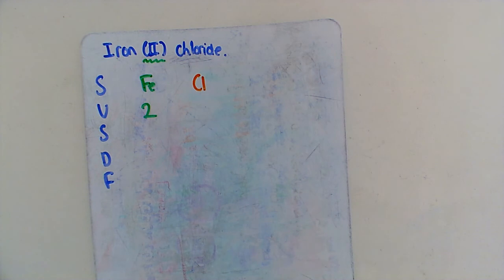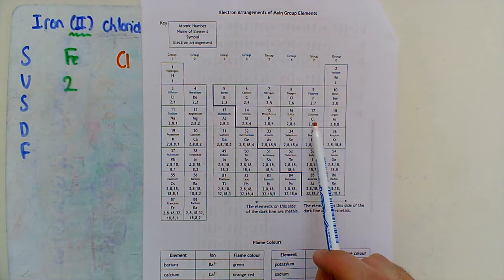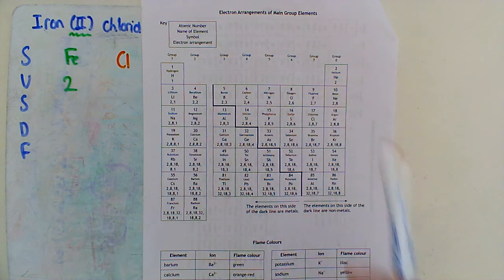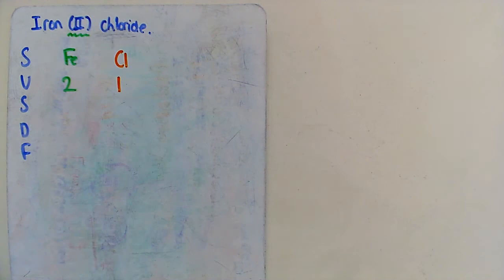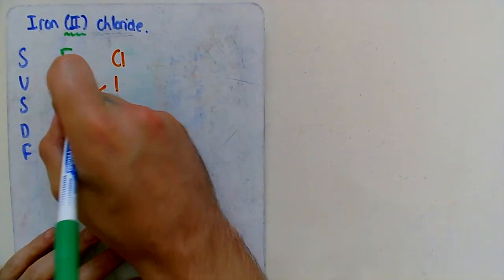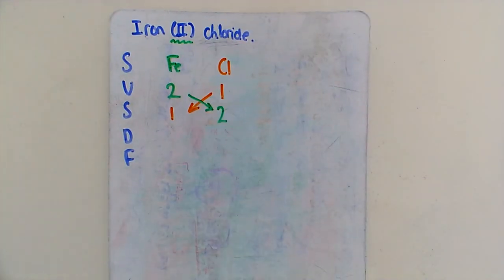Now chlorine, we need to use this. Chlorine is in group 7, and the valency goes 1, 2, 3, 4, 3, 2, 1. So the valency of chlorine is 1. We then swap. We cannot simplify that, we cannot divide that.